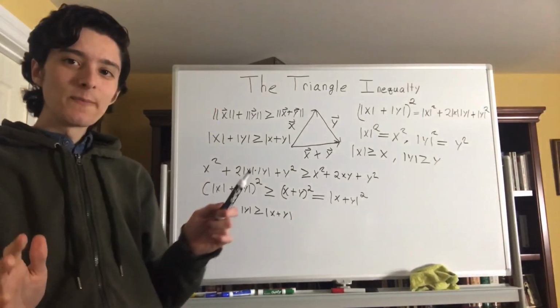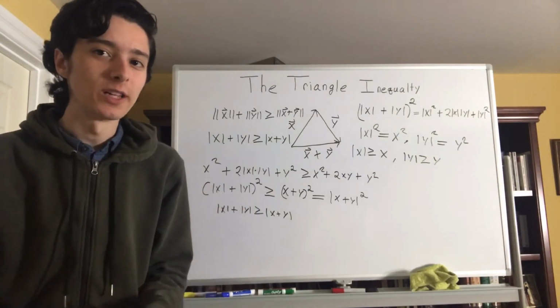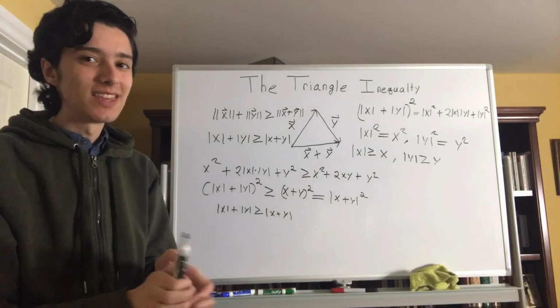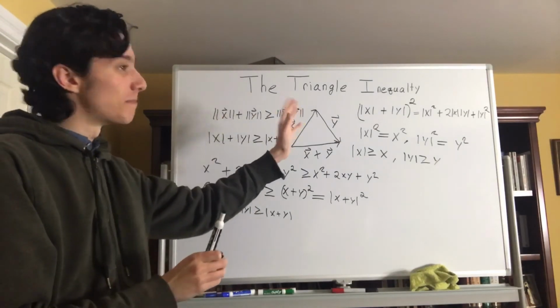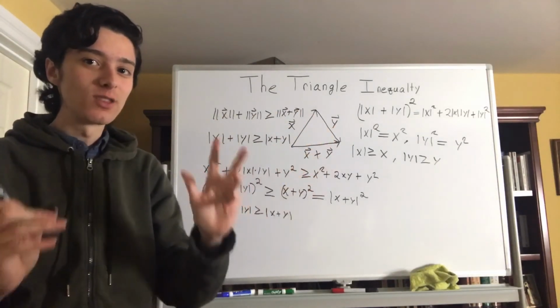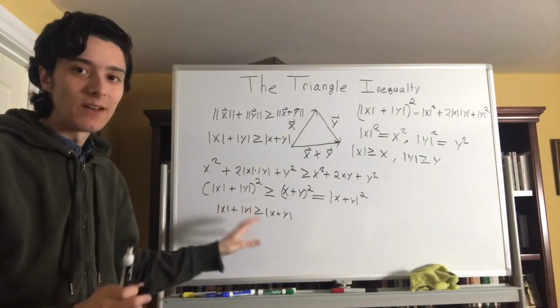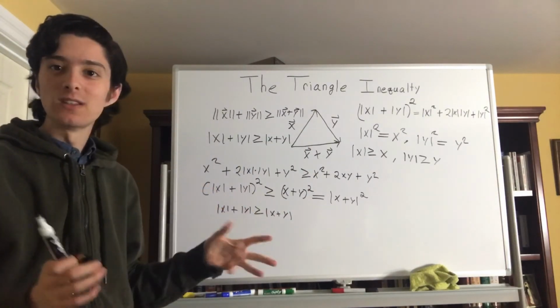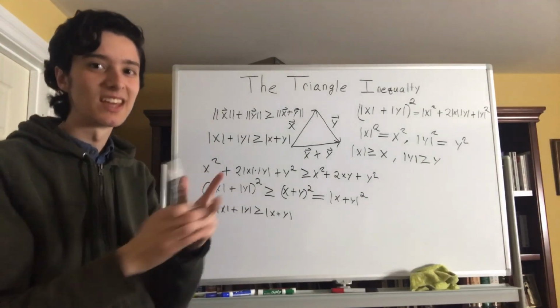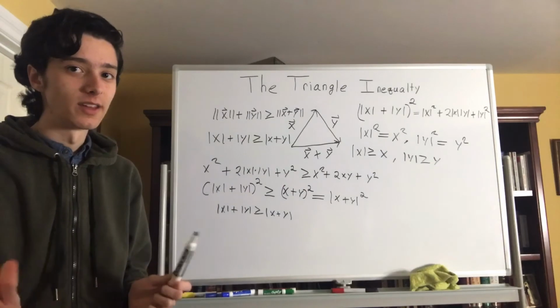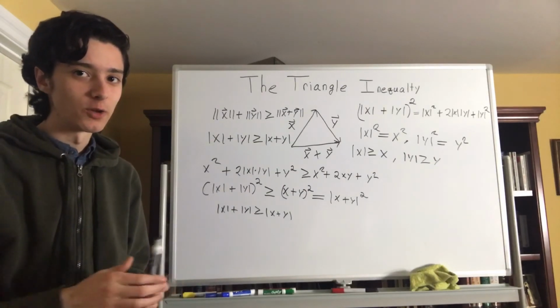And thus, this shows our triangle inequality. We can think about it geometrically, we can think about it using vectors and magnitudes, and we can also think about it using absolute values. And this fact definitely helps us, and this will help us in the future with certain proofs and ideas that we want to show. Now, there's one more thing I want to show you.